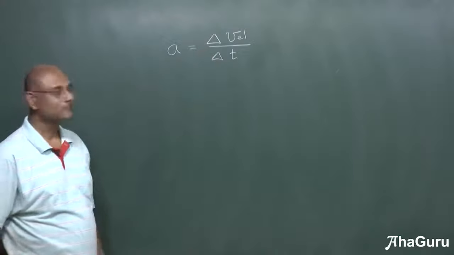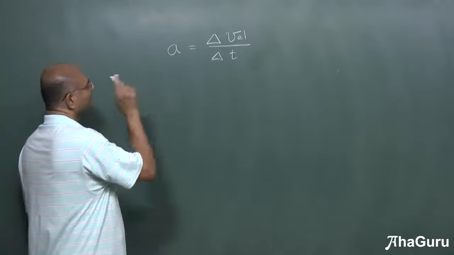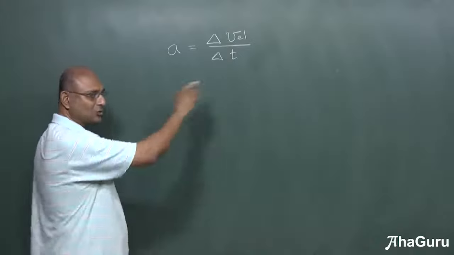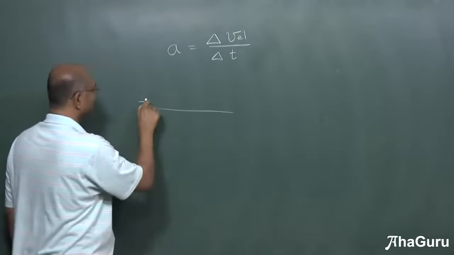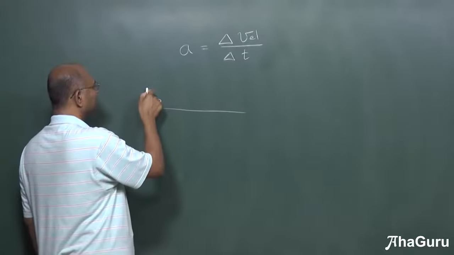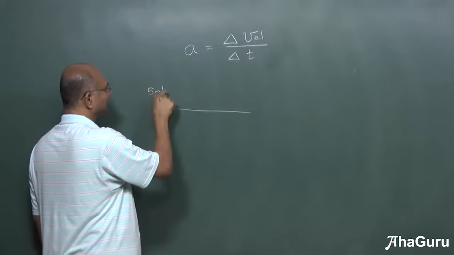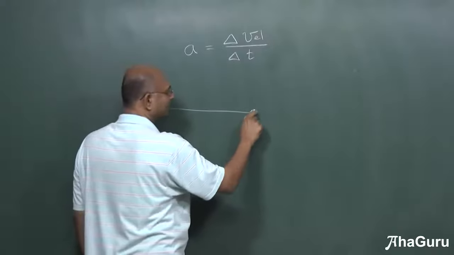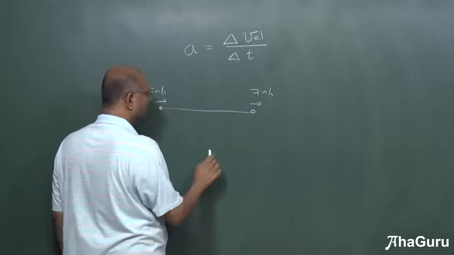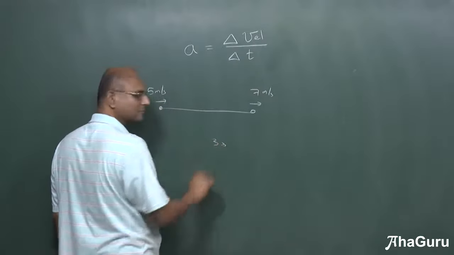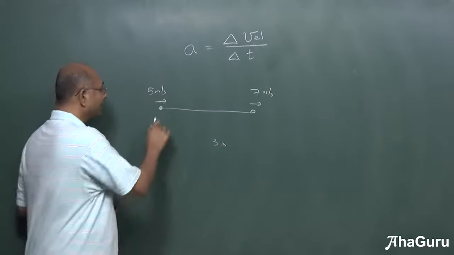This is correct. Okay. Now the problem is, suppose like I showed you there, if I start here, I had, let us say, a velocity of some 5 meters per second. And then let us say at that point I had a velocity of 7 meters per second. And let us say this whole thing took 3 seconds. We will write V1.